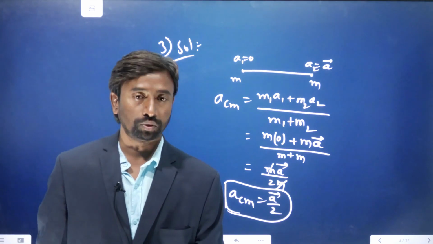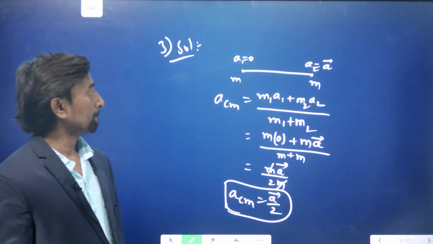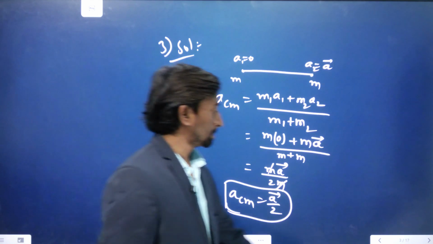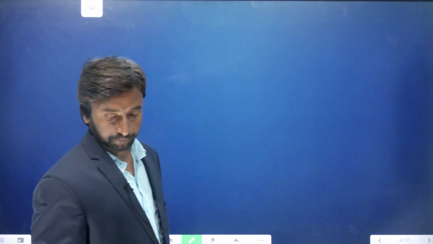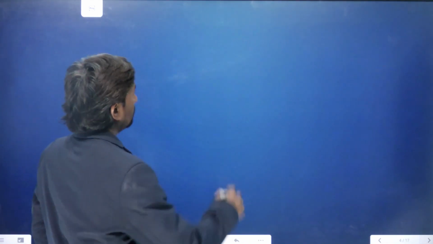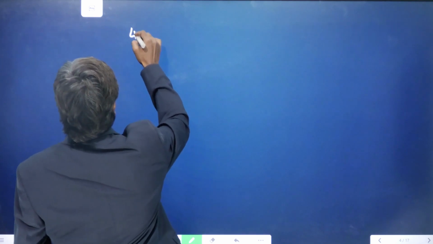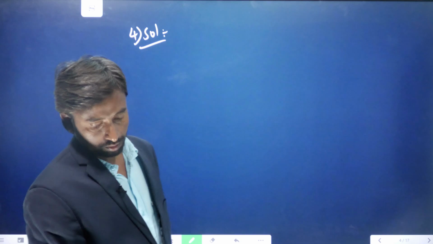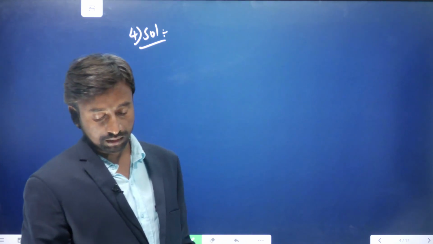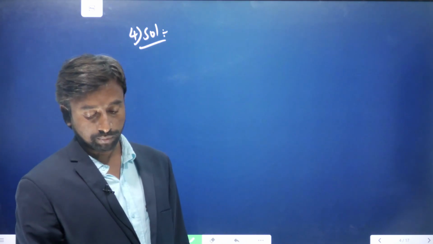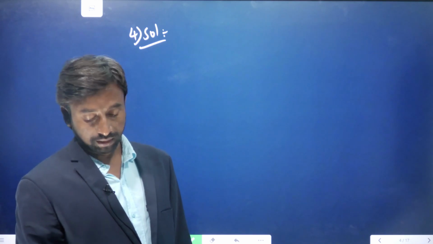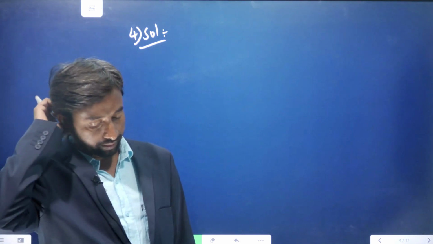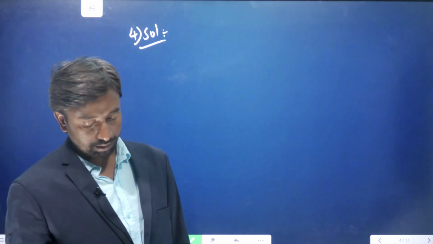So next problem, fourth one. A pulley fixed to the ceiling carries a string with blocks of mass small m and 3 small m. The masses of the pulley and string are negligible.